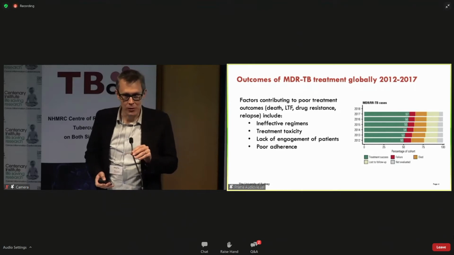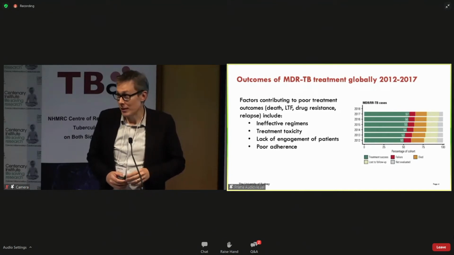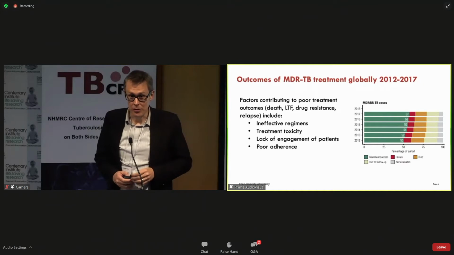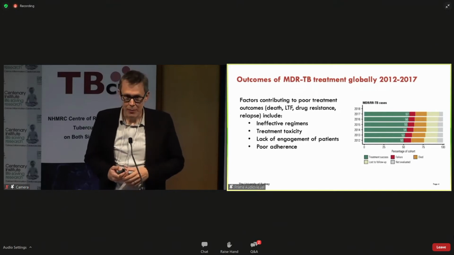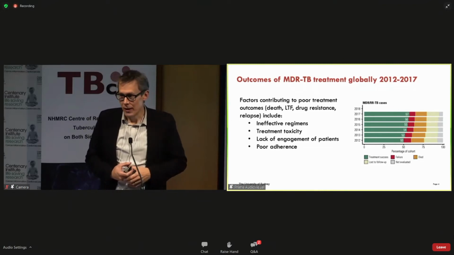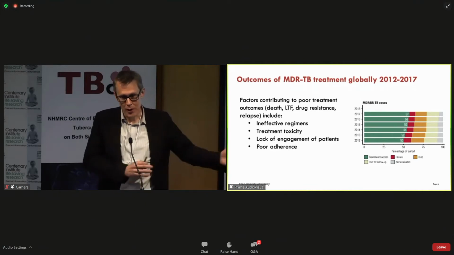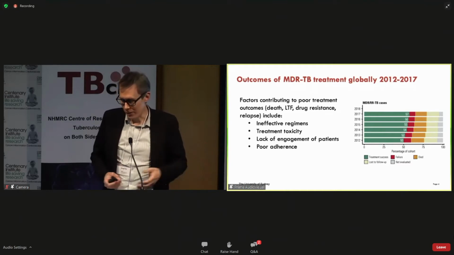As we know, for TB treatment, particularly for drug-resistant TB, but also for standard first-line TB treatment, there's a considerable risk of toxicity, particularly for patients who maybe don't have close monitoring by programs, and so that can lead to discontinuation of therapy. A frequent problem that's been identified in the literature through qualitative and quantitative research is that patients often are not engaged in the programs throughout the whole of treatment, and particularly towards the end of treatment when they feel better, they may drop out from treatment.